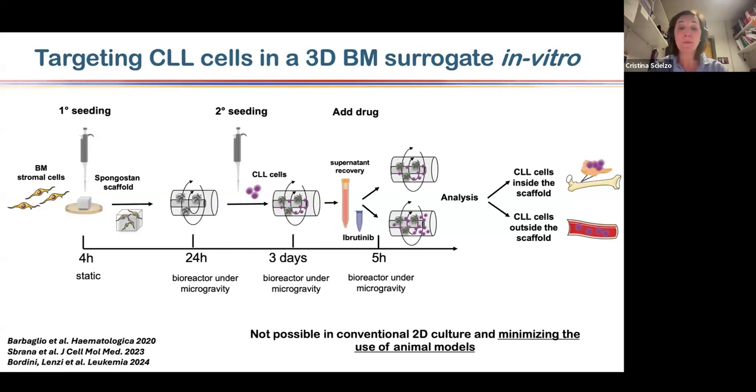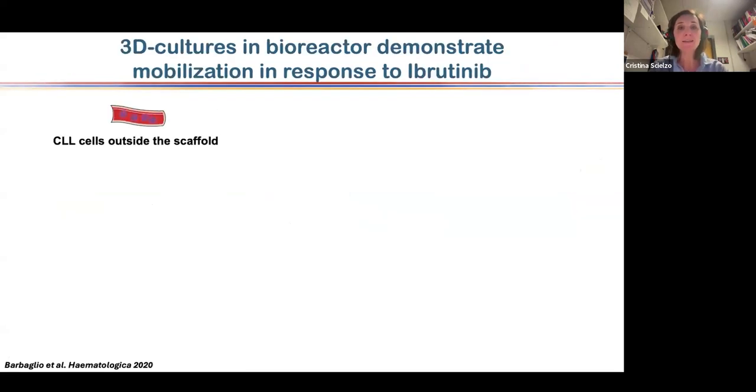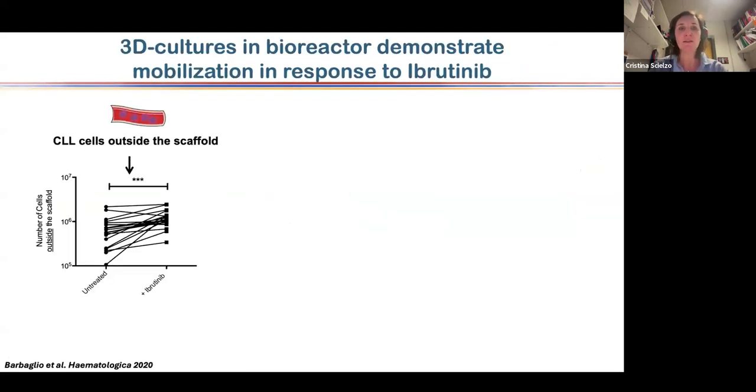Using this system also allowed us, by testing other targeted therapies, to reduce the number of animal models for our experiments. We tested and it worked finely. We measured the leukemia cells that are mobilized from the scaffold here in the supernatant, and we found that they are mobilized, not all at the same level.